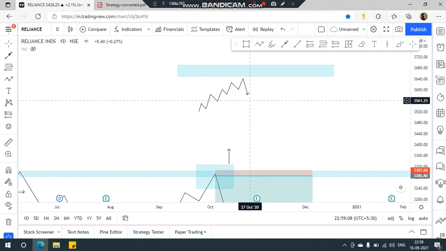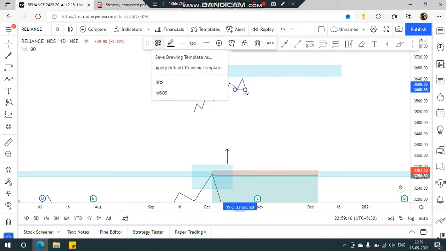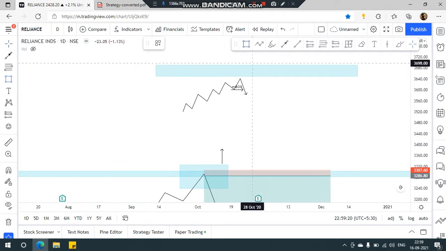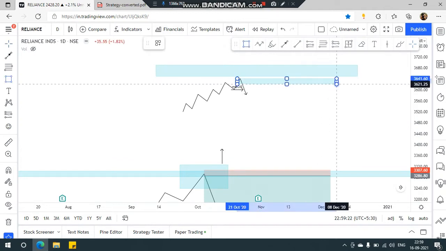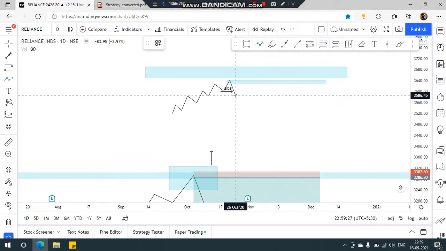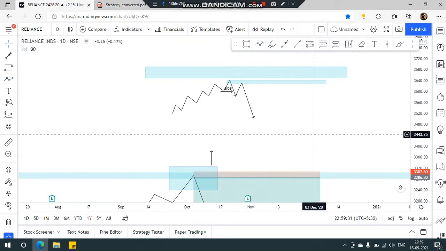This small structure I mark as my minor breakout structure. Minor, meaning it's just minor compared to the breakout structure. Then I will have a new POI, and I wait for the market to reach this new POI, then I take the entry.